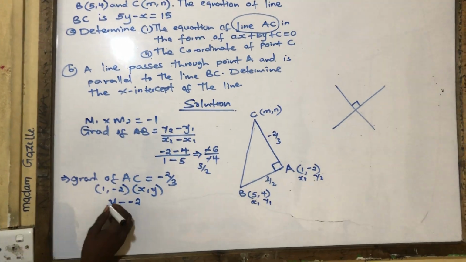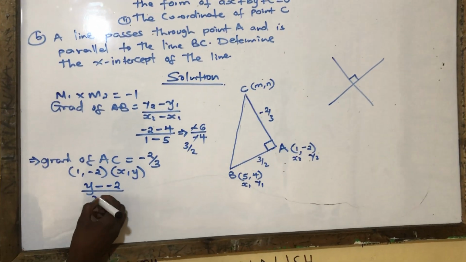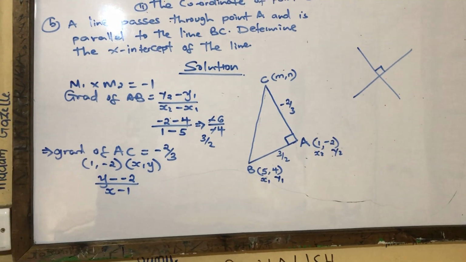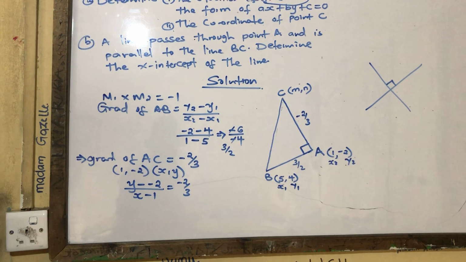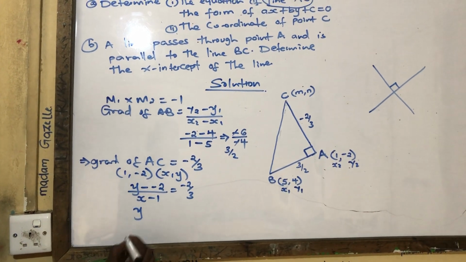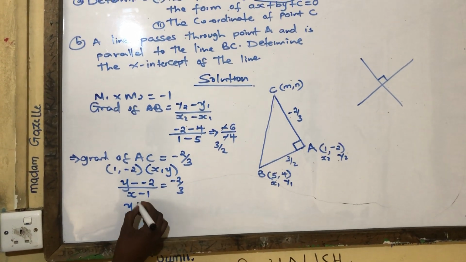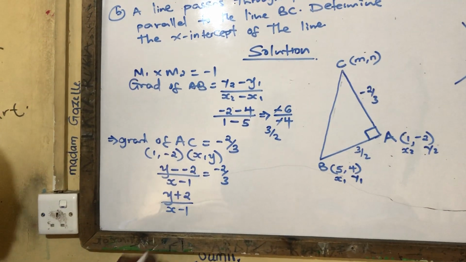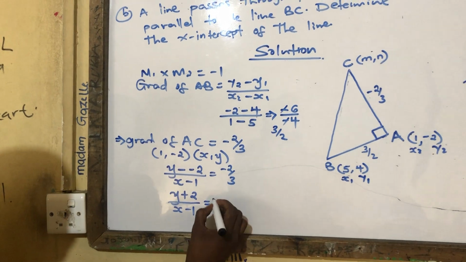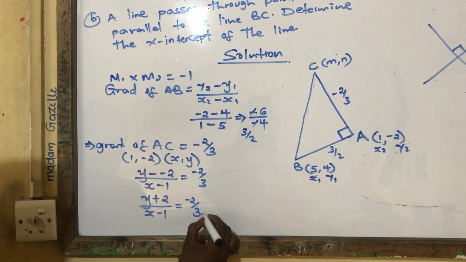I will put this one here over x minus 1 is equal to a gradient of negative 2 over 3. We already know that two negatives will always make up a positive, which I'll put all over x minus 1 is equal to negative 2 all over 3.